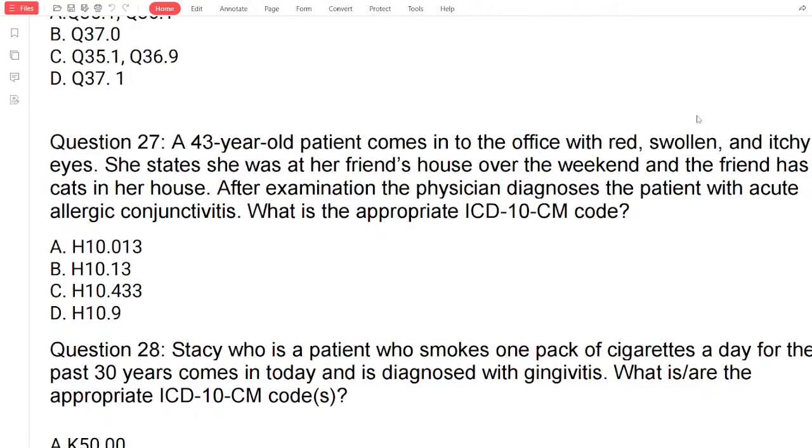Sonalika. Yeah, Kido, 26 is actually the correct answer. Sonalika, correct answer, dear, 26D.